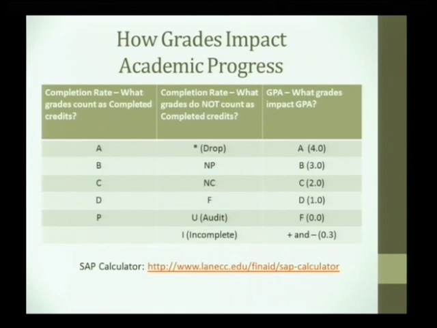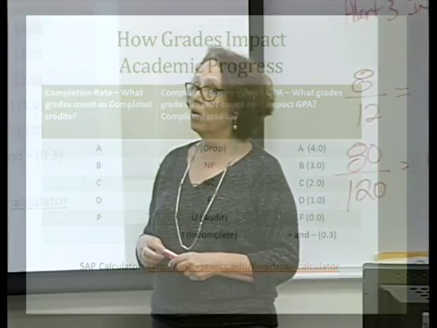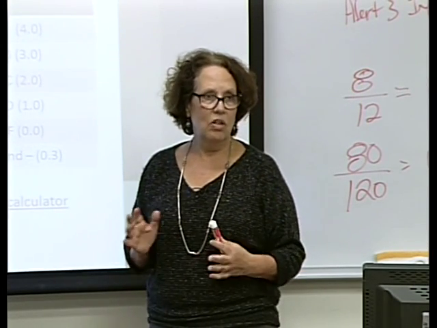That happens too. Sometimes faculty members make mistakes and put down the wrong grade, so be sure you're checking your grades immediately when they come out. And if there's a problem, get in touch with the faculty member or the department immediately so you can get that changed.